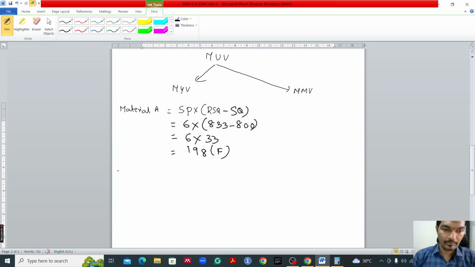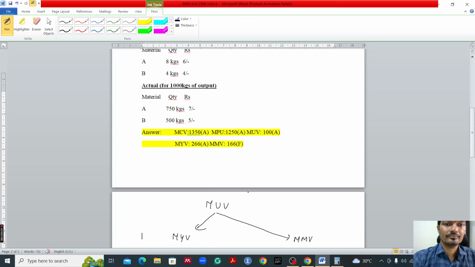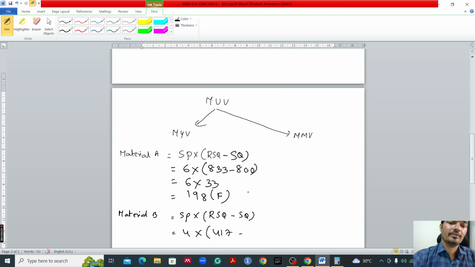So coming to material B, standard price multiplied with RSQ minus standard quantity. 4 multiplied with revised standard quantity 417, standard quantity 400.